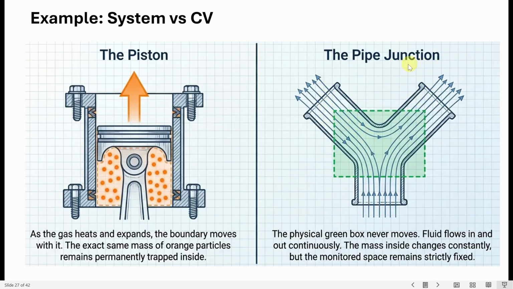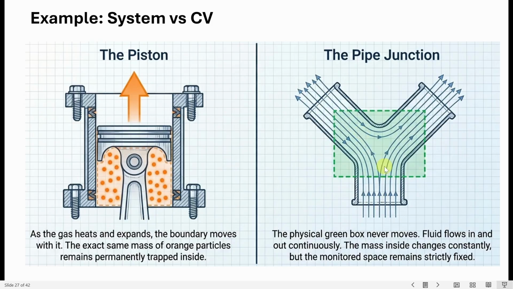And then we have another type of analysis like this pipe junction. When you are interested in the flow at this Y junction, you do not care what happens to the flow after it goes out of this junction. You only want to know what happens in the junction. So in this case, it's more practical to use the control volume approach, where you look at what happens in this green box.